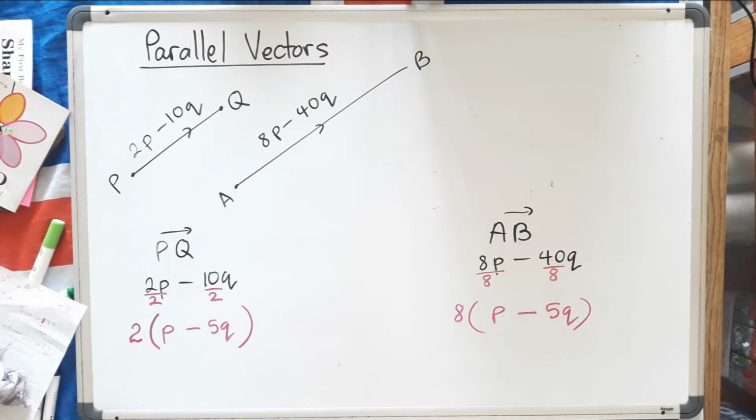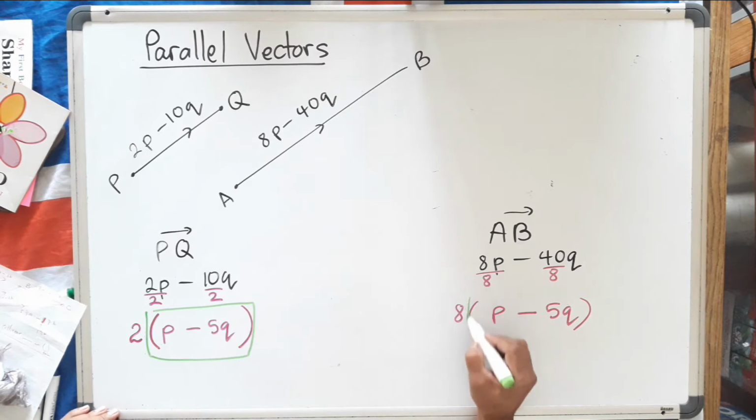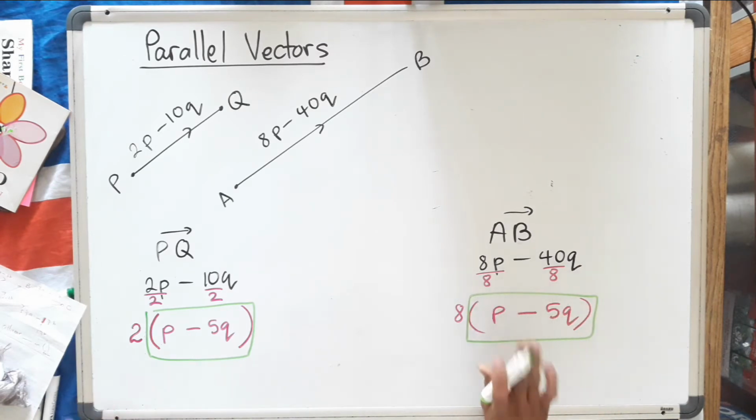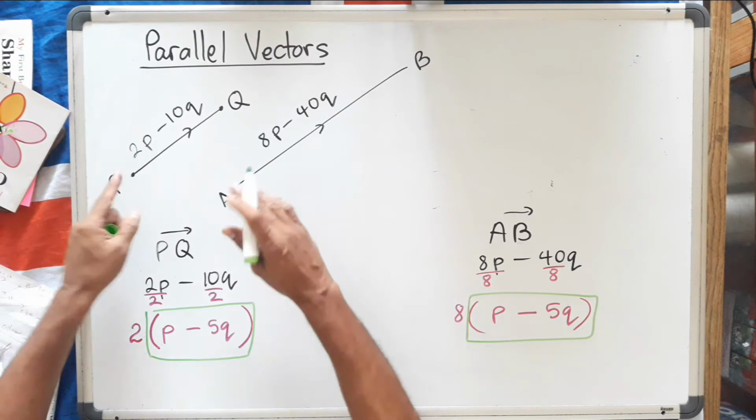Alright? So, there's another thing you can learn from this. These two vectors are basically the same vector, right? And we just said they are parallel. But this one has a 2 and this one has an 8. So which vector do you think is bigger?